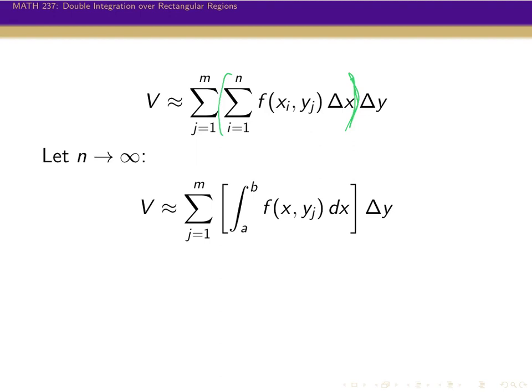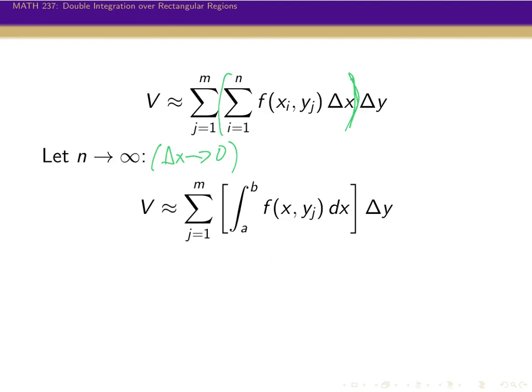Well, then if we let n go off to infinity, n being the number of subintervals we have in the x direction, this is the same thing as having delta x go to 0. Then this is exactly the same thing that we saw in Calc 1.